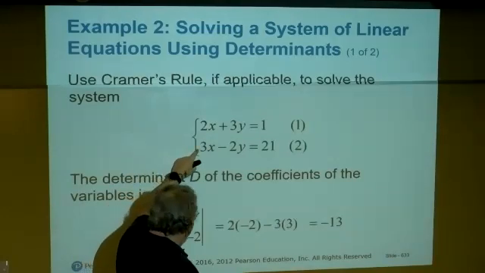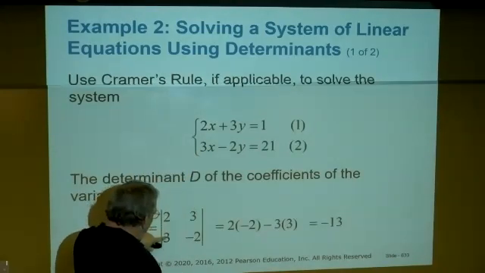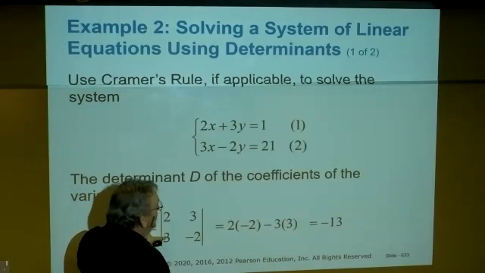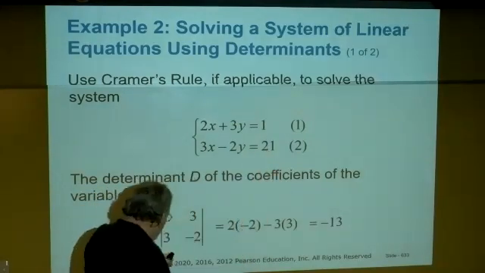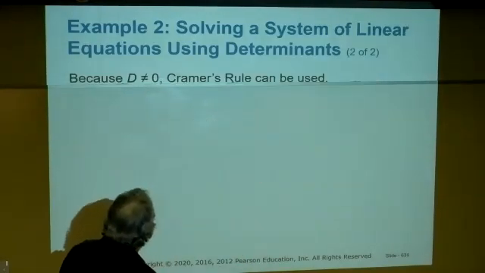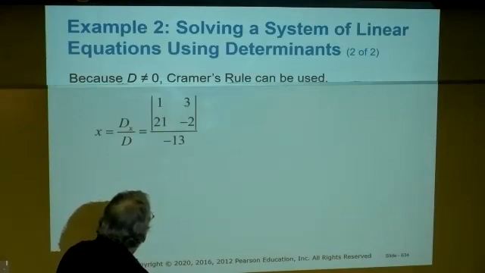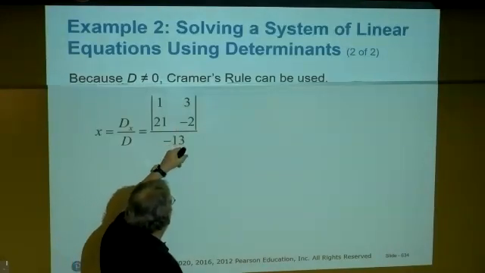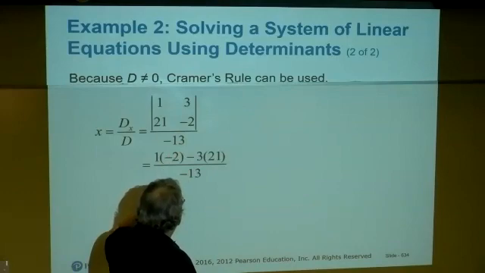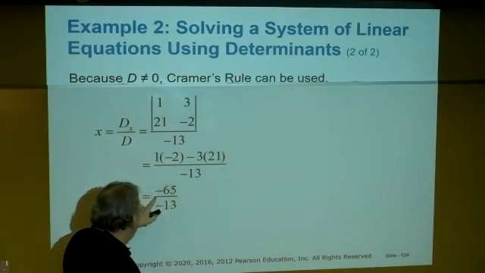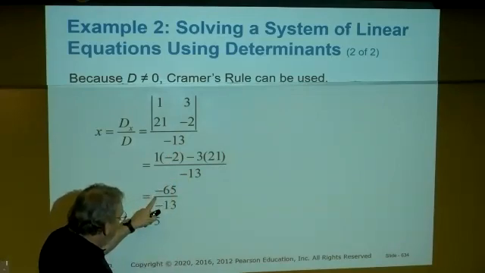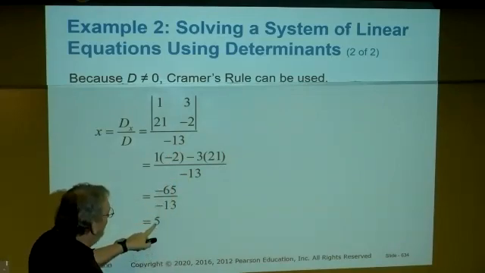We replace the 2 and the 3 with the 1 and 21. And find the determinant of the upstairs, which gives us, I believe, if I remember correctly, a -65, which simplified to a +5.